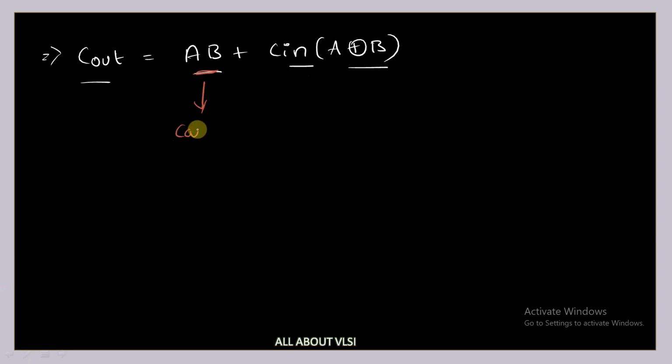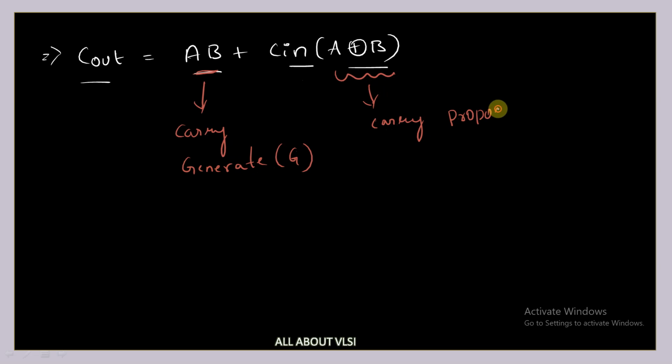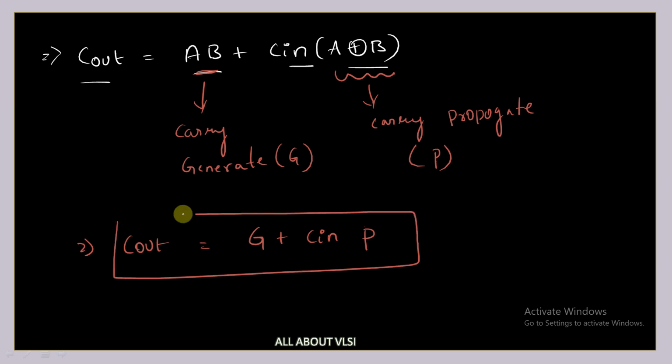So this is my carry generate, which I will denote with G. And this is C in into A XOR B. I can call this A XOR B as carry propagate, that is P. So I can write this equation as C out is equal to G plus C in into P.